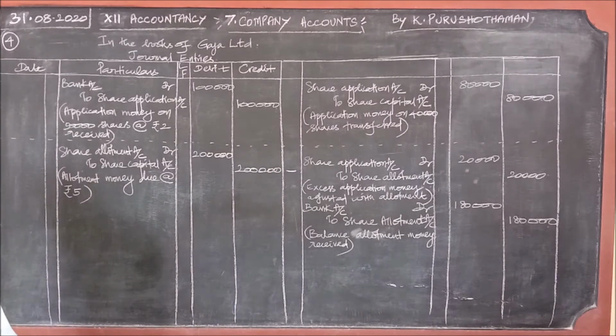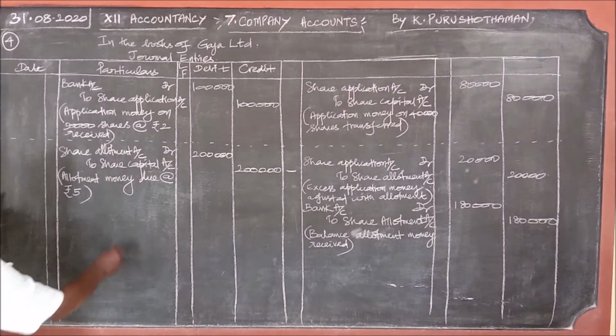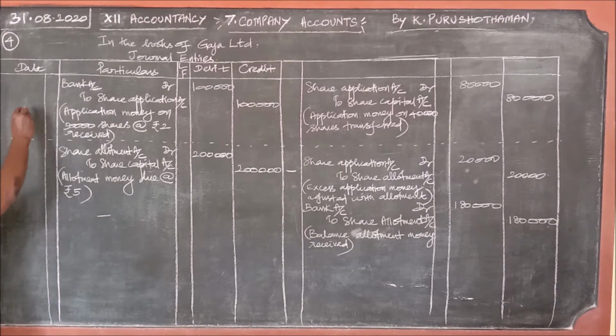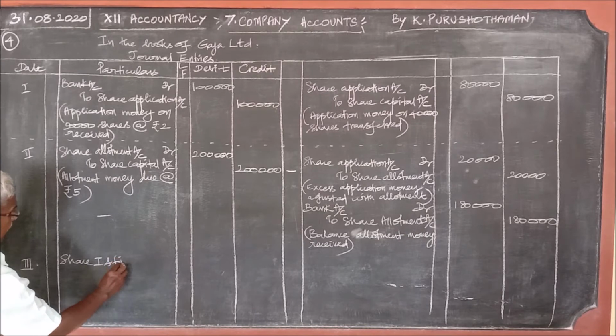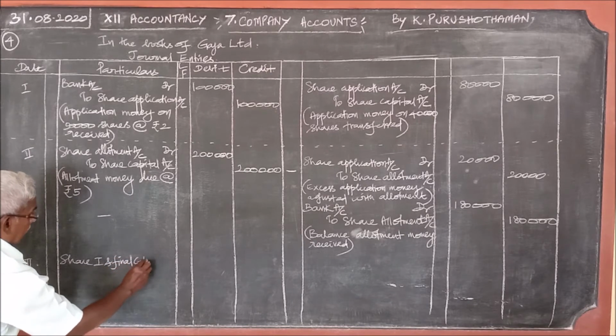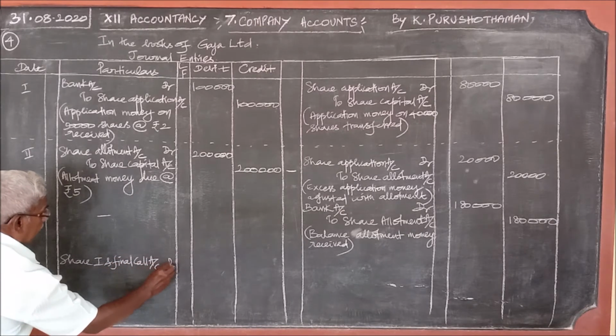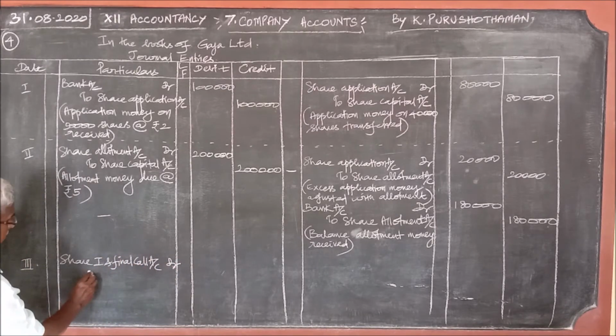Then, regarding the third stage, the first and final call. This is the first stage, this is the second stage, and the third stage will be the first and final call. Share first and final call account debtor to share capital account.